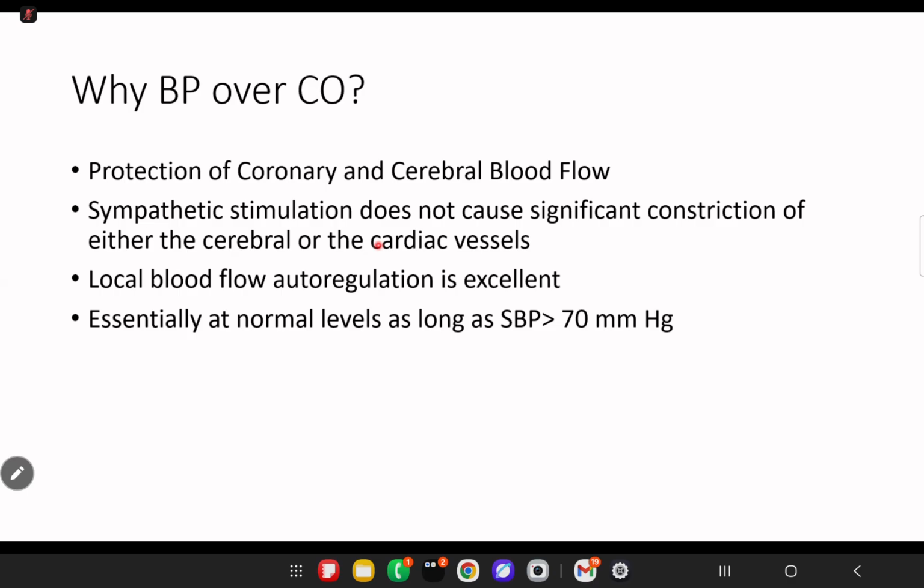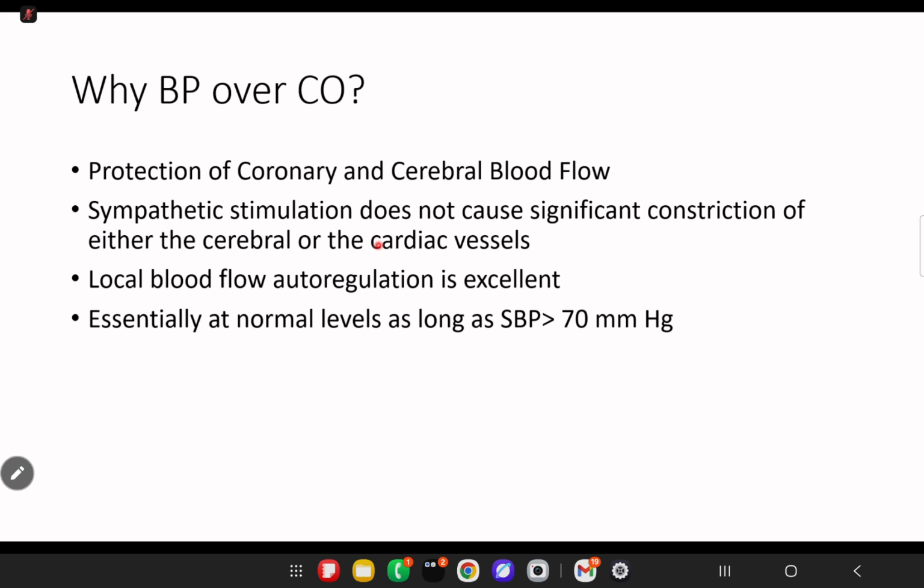With maximal inotropes, we were able to maintain only about systolic 65. We were very upset because it was a long surgery and we were trying very hard. It was a young patient, around 45 or 50 years, with 2 or 3 young children. I remember there was one girl about 8 or 10 years old who was outside waiting for the father to recover. We were also under a lot of tension and very upset.